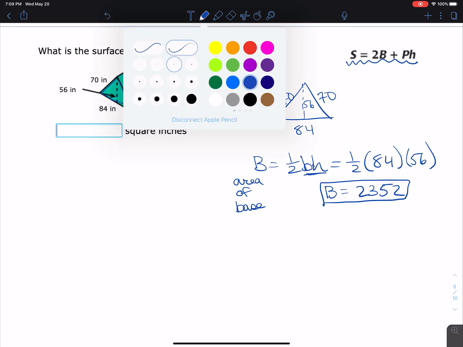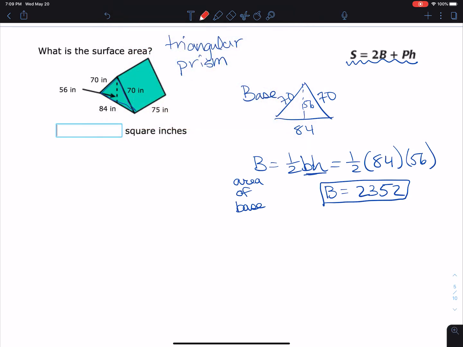Let's change colors. Now let's find P, which means perimeter of the base. So that would be length around. So that's just going to be 84 plus 2 times 70. So that's going to be 140 plus 84, and that's 224.